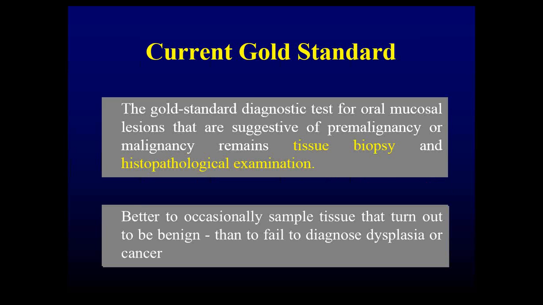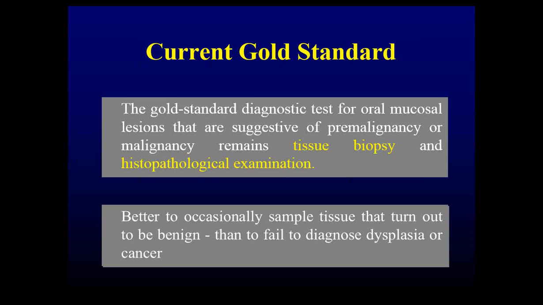So how do we diagnose oral cancer? The current gold standard is, wherever you suspect a lesion to be precancerous or cancerous, to take a small tissue sample, which is called a biopsy, and send it to the lab for histopathology analysis.